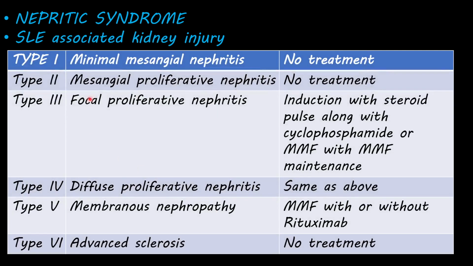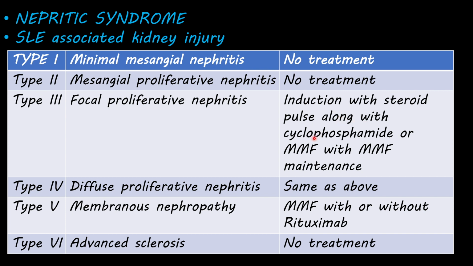Now let's discuss the treatment. In type 1 there is no treatment. In type 2 again no treatment, and type 6 no treatment, while type 3 and type 4 are mostly treated the same way, by induction with pulse steroid methylprednisolone 1 gram IV OD for 3 days, followed by a maintenance dose.